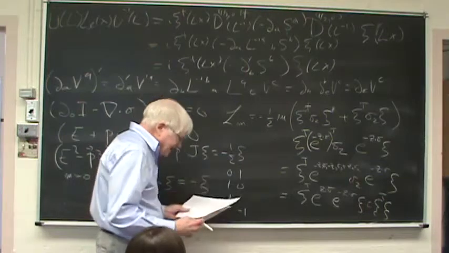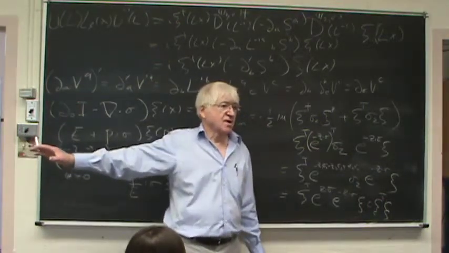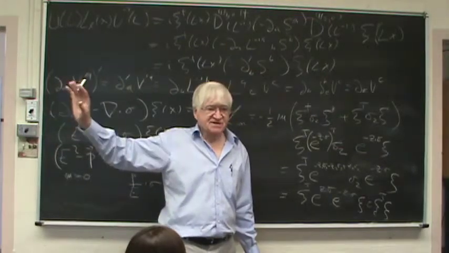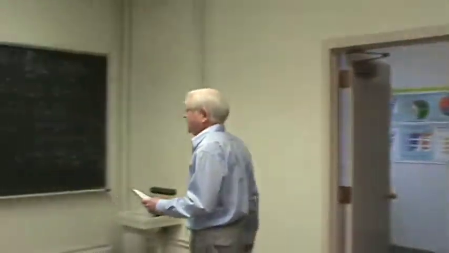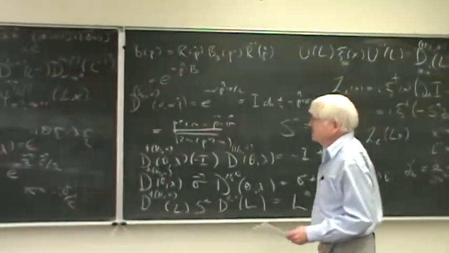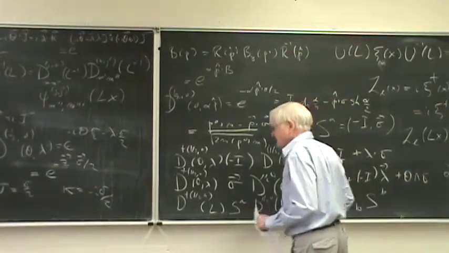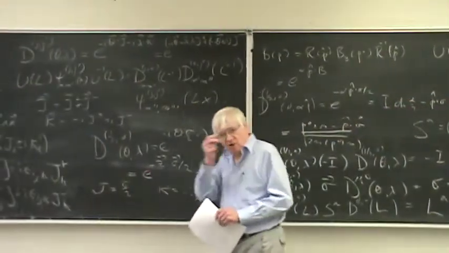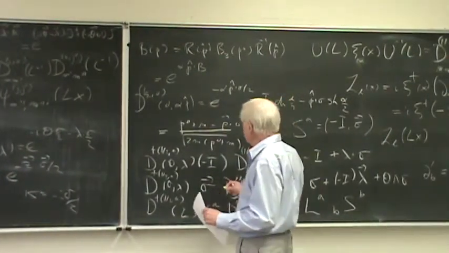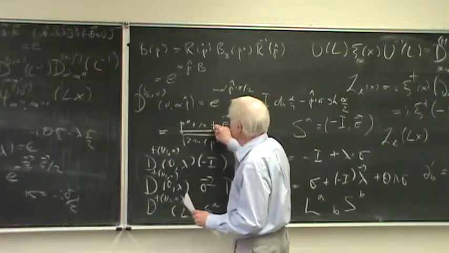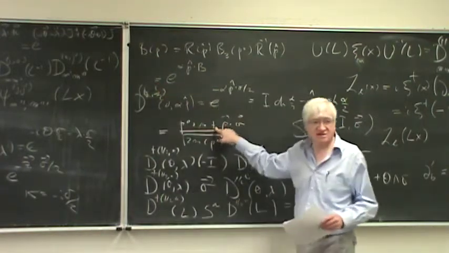All right, for the right-handed boost, it's just the same thing that I just went through. You just change a couple of plus signs to minus signs. Instead of writing it all again, let me see if I can just do it on the fly. Here's some colored chalk. If you go to 0, 1 half, you just get a plus sign here.